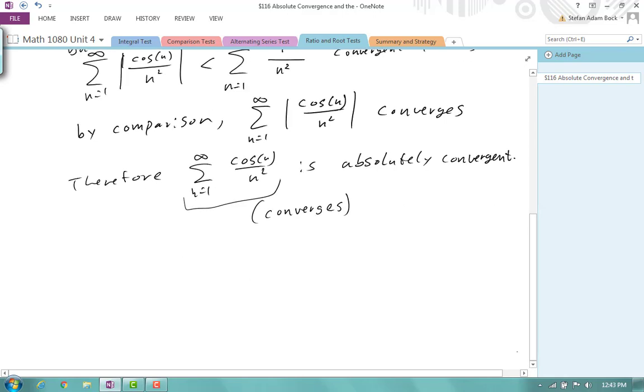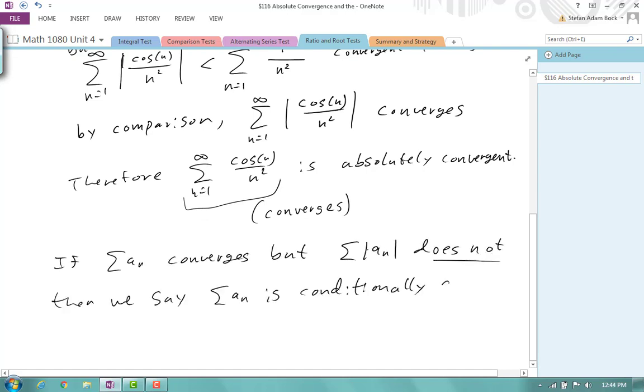Now, on the off chance that this doesn't happen, if the regular series converges, but the series of absolute values does not converge, then we say that the series is conditionally convergent. And a classic example of these is maybe the sum of a sub n being an alternating series.